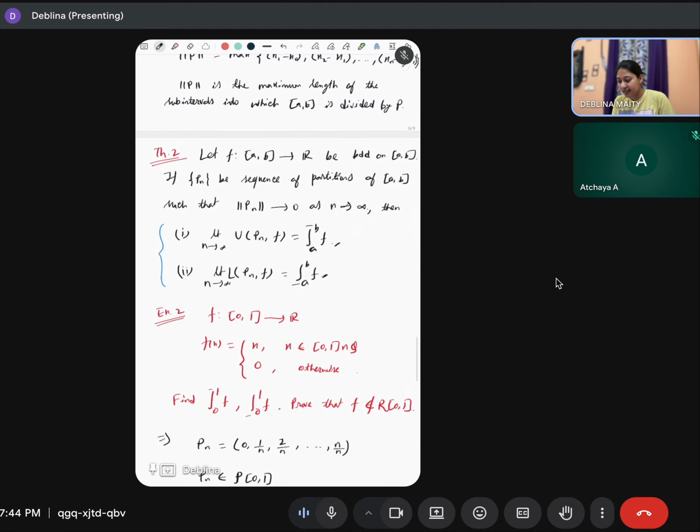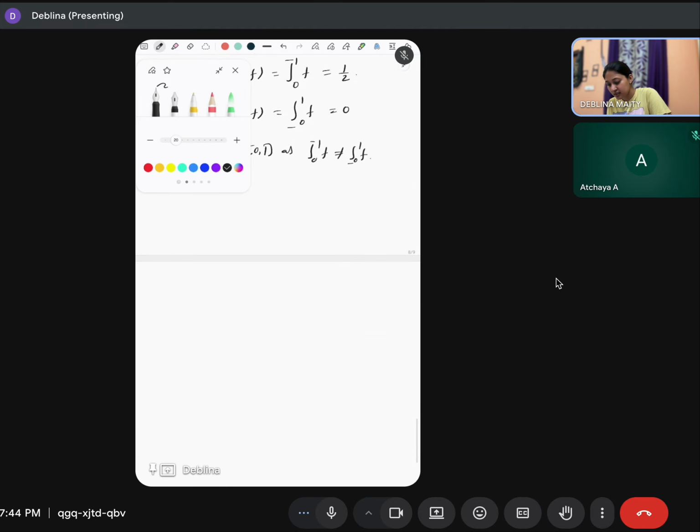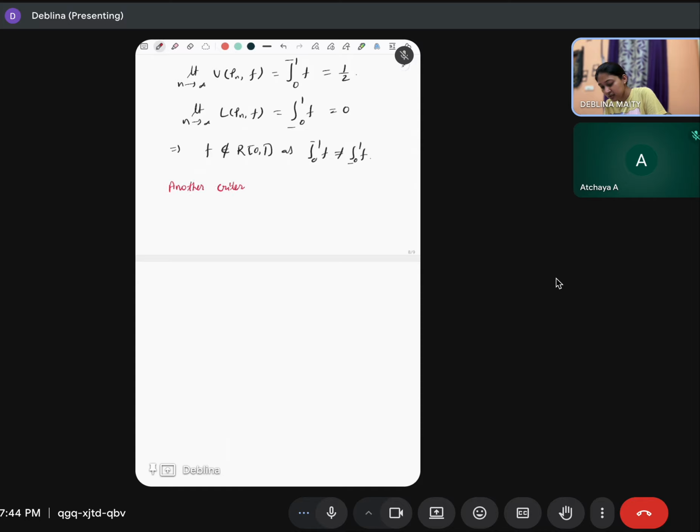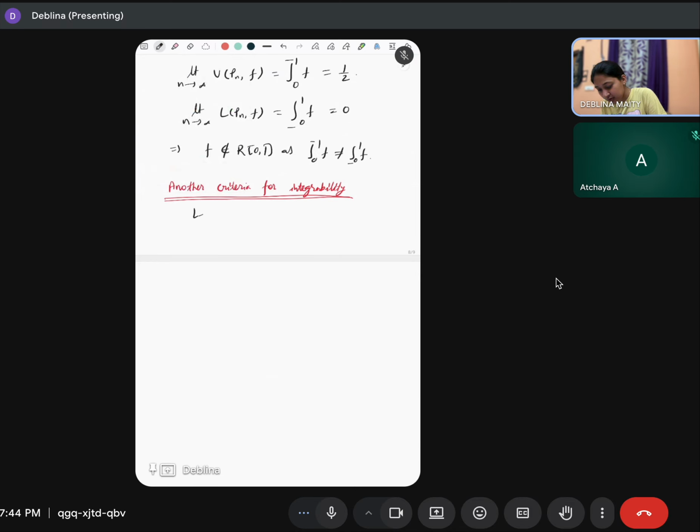Now there is another criterion to check Riemann integrability. This criterion depends on the epsilon delta definition, right? Like continuity and differentiability. So let f be a bounded function.